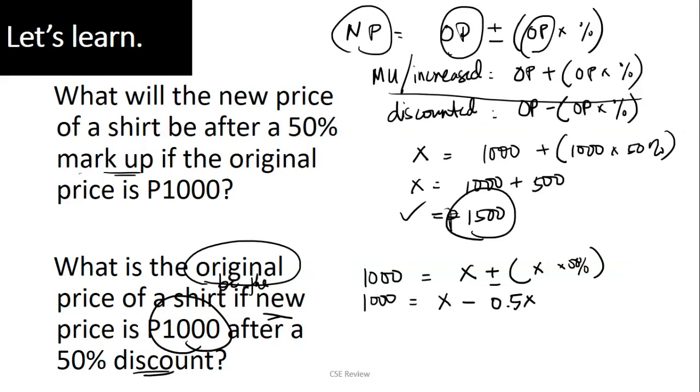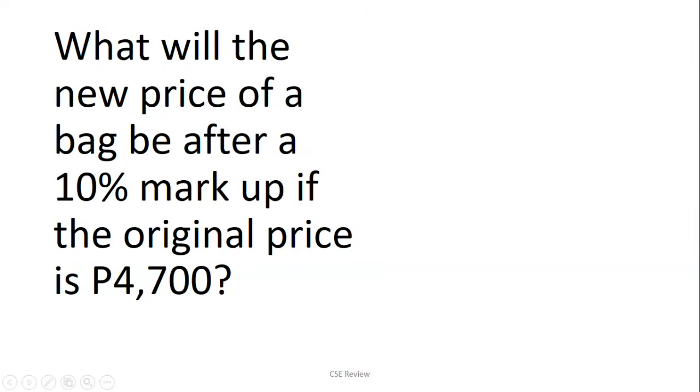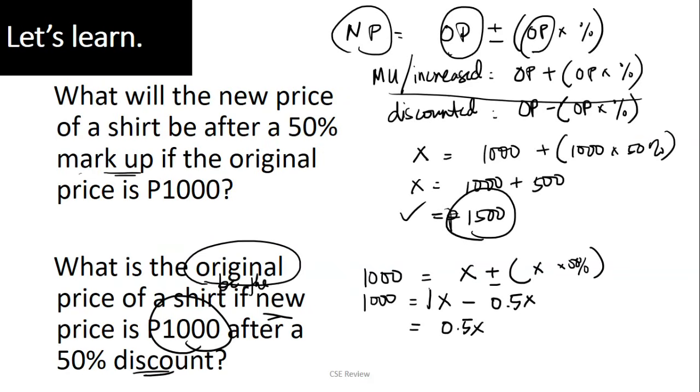So, if we solve this using algebra, it's going to give you 0.5X kasi saan siya nanggaling? Kasi meron kang 1 dito. 1 yung X. Minus 0.5 is 0.5X. Yan ang 1,000 mo. Equals, tas divide mo lang both sides sa 0.5 para makuha mo yung X, makakancel to.